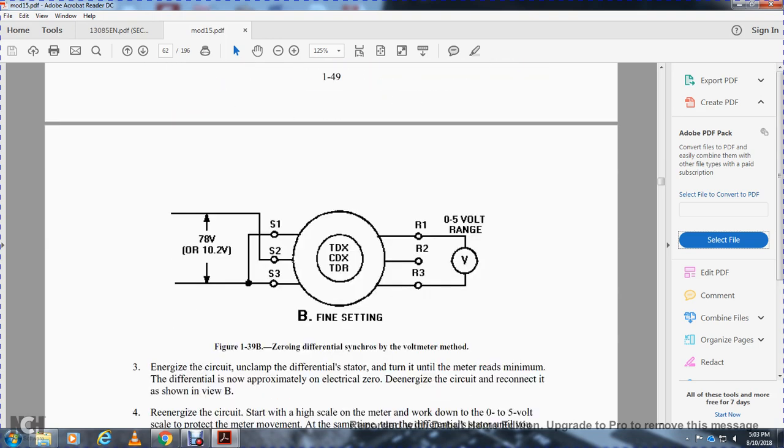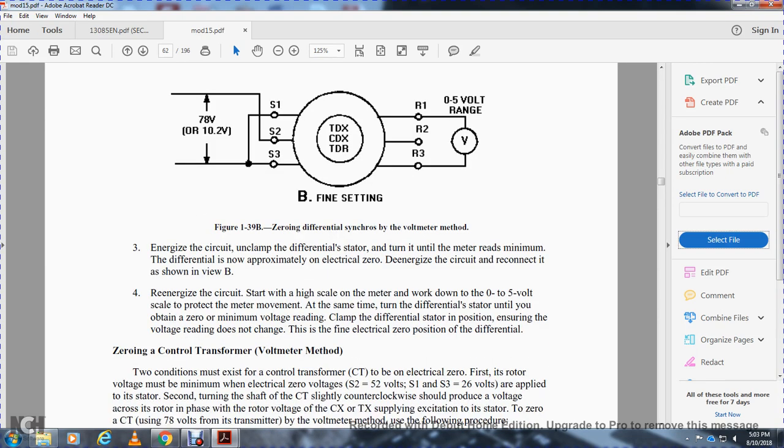Alright, you have 78 volts or 10.2 amps on two circuits. Stator 1 and stator 3 would go to rotor 1 and rotor 3 with a 0 to 5 volt range, and stator 2 goes to the other alone, and so does rotor 2. The torque differential transmitter, control differential receiver, and torque differential receiver.